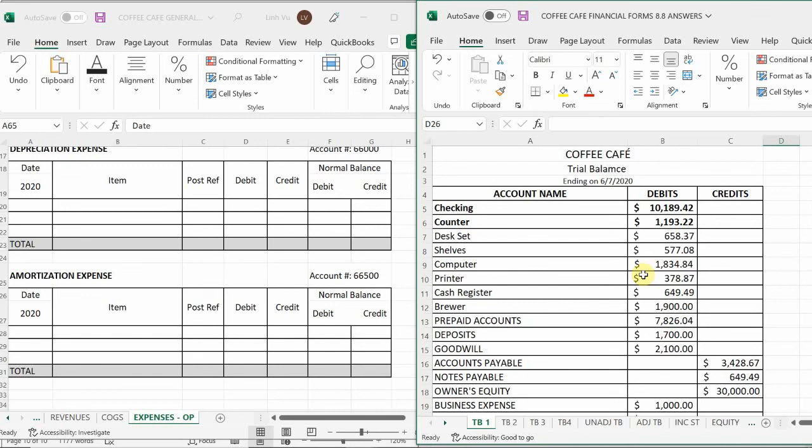Okay? So that's how we treat the trial balances.